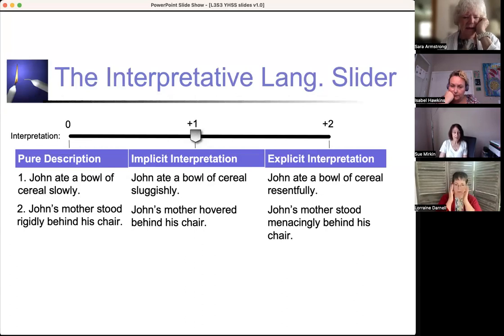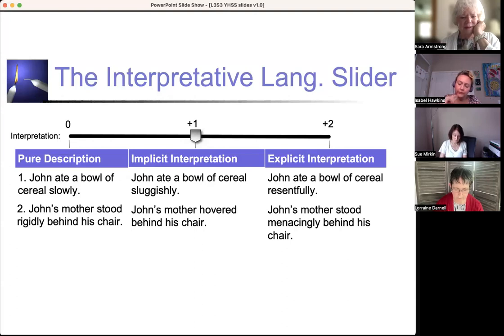Stood rigidly, in my mind, doesn't do anything to suggest the quality of the standing, except for this rigid. When you hover, in my mind, and these are debatable because English words are quite flexible, hovering behind the chair suggests that there's a quality of observing him somewhat critically.